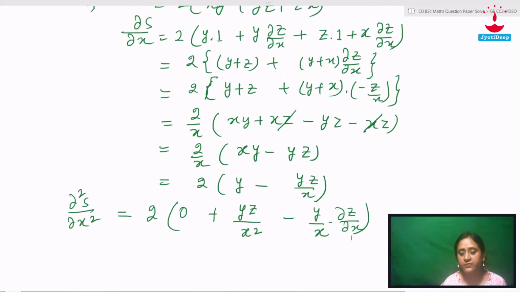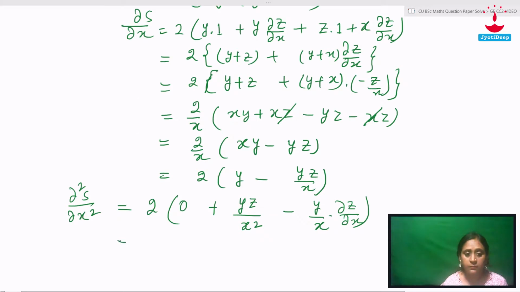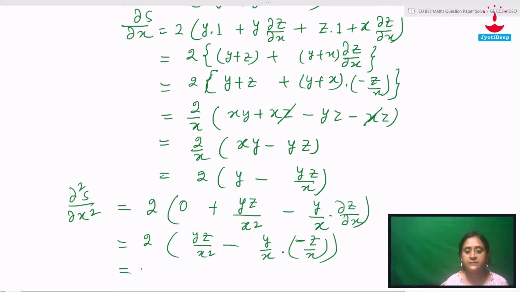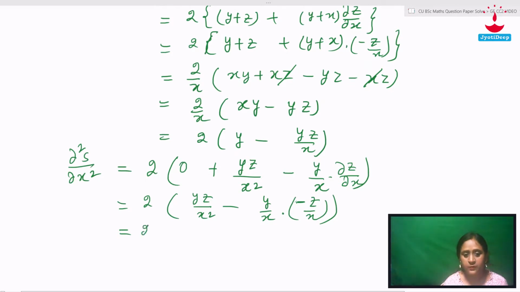So we simplify it as 2 into yz by x square minus y by x into minus of z by x, right? So minus minus plus, we are going to get 2 into yz by x square plus yz by x square.